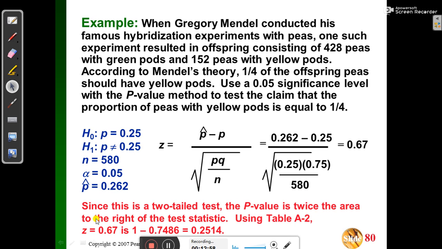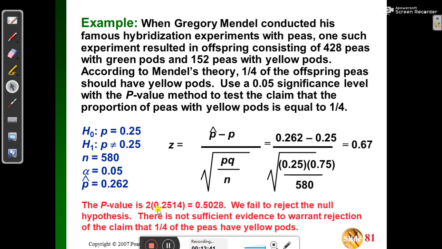The p-value is twice the area to the right of the test statistic using table A2. Z equal to 0.67 gives 1 minus 0.7486, that is 0.2514.